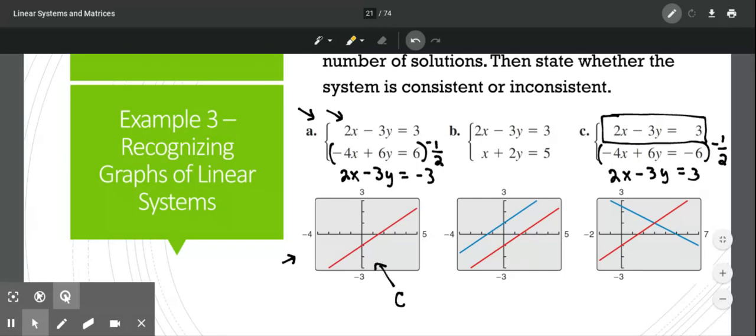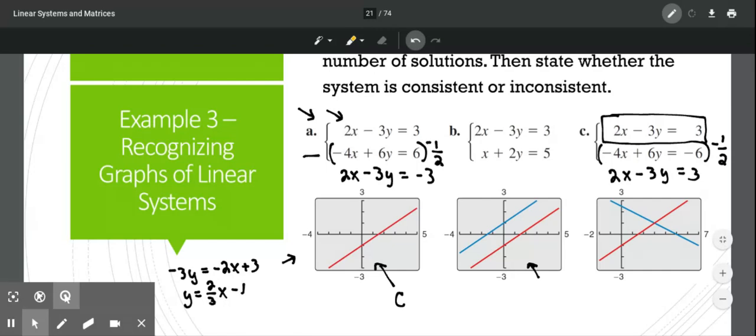And so then for this one, where we have parallel lines, look to see which two will have the same slope. If you look at choice A and put this top equation in slope-intercept form, you would have -3y equals -2x plus 3, and you would have y equals 2/3 x minus 1.